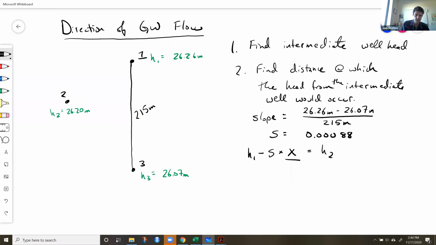So let's go ahead and do this. 26.26 meters minus 0.00088 times x is equal to 26.20 meters. And then we can just solve.